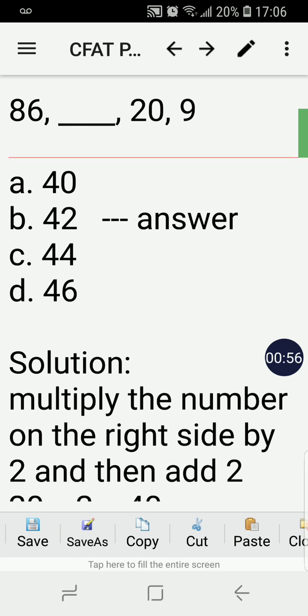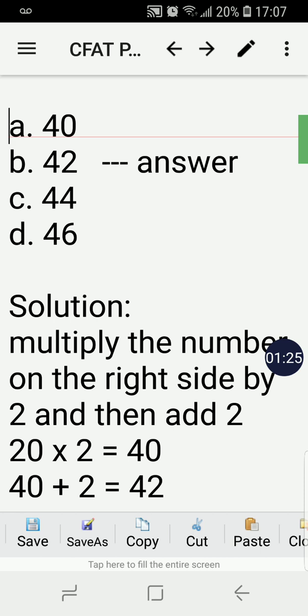So in here, the solution is to multiply the number on the right side by 2 and then add 2 after it. So we got 9 times 2 equals 18 plus 2 is 20. So therefore 20 times 2 plus 2 is 42.